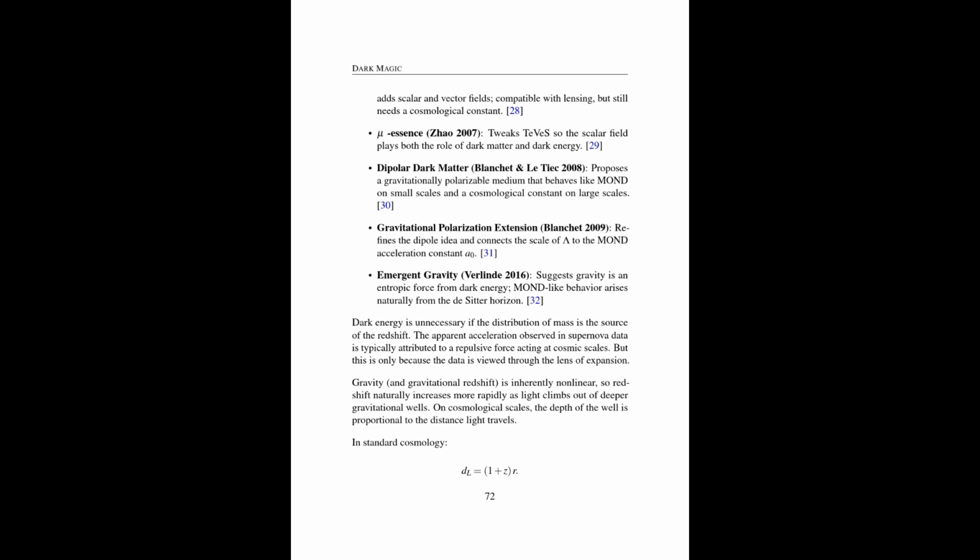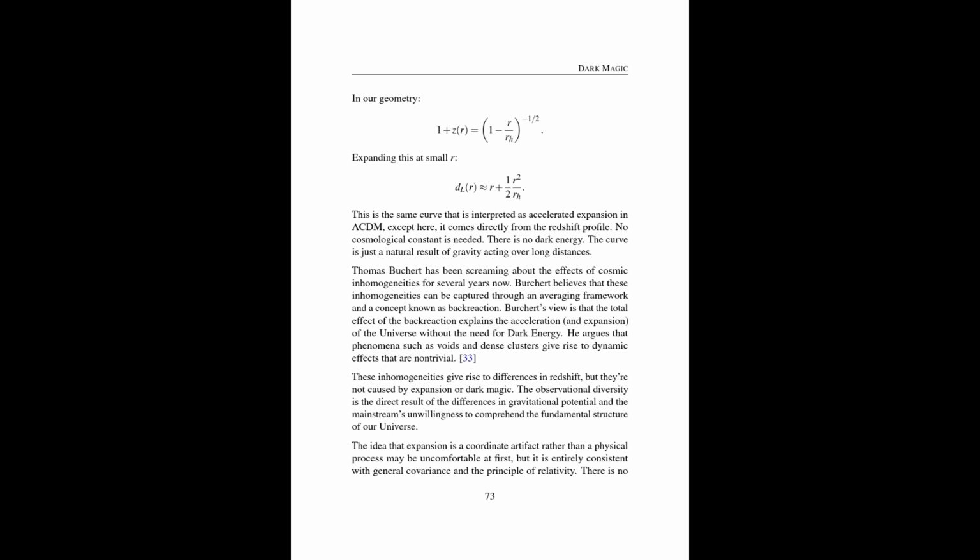On cosmological scales, the depth of the well is proportional to the distance the light travels. In standard cosmology, it's 1 plus z of r, or 1 plus z times r. In our geometry, it's 1 plus z times r equals 1 minus r divided by the horizon r.